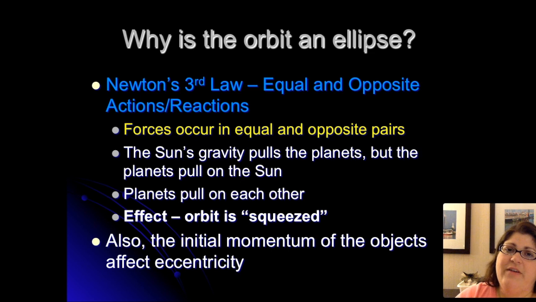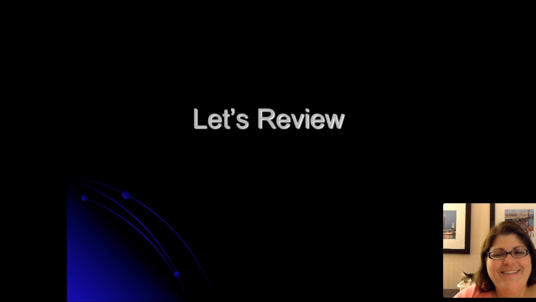There are also some other factors that come into play, such as the speed of the planets and their mass, but for now we'll just leave it at the interactions of different gravitational pulls squeezing the orbit. Let's take a minute and review why planets orbit in the shape of ellipses.